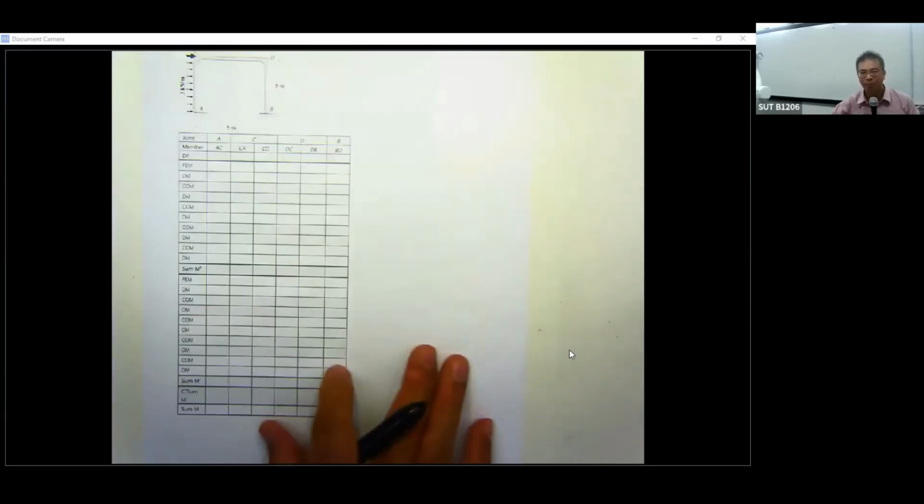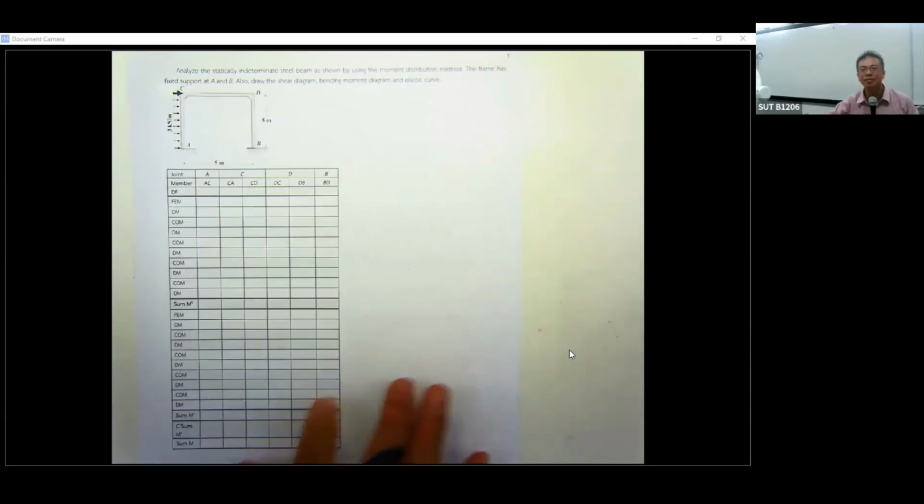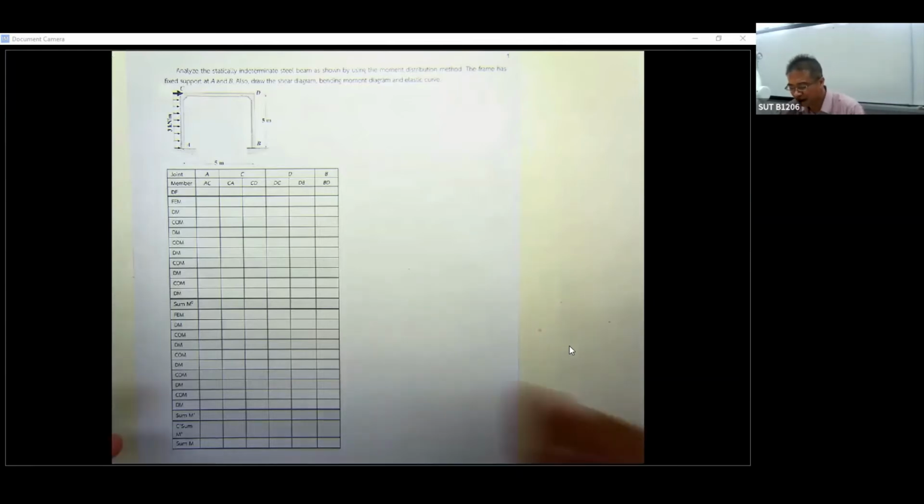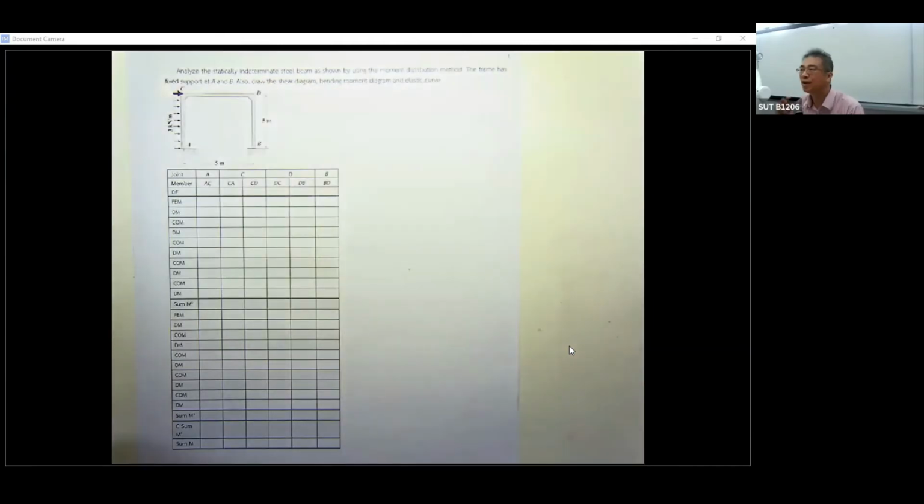Okay, now let me move a little bit to this problem. You guys may have seen this one before. I modified this one by taking the point load out in order to give you a chance to solve this problem with the 10 kilonewton force over here.